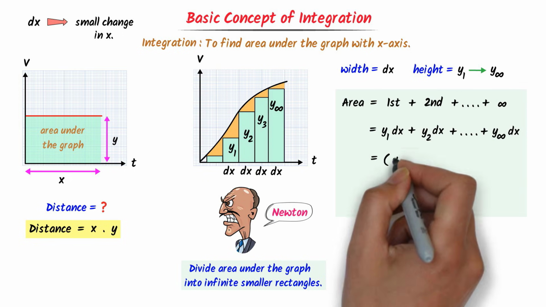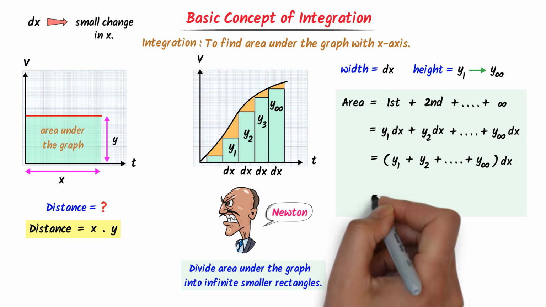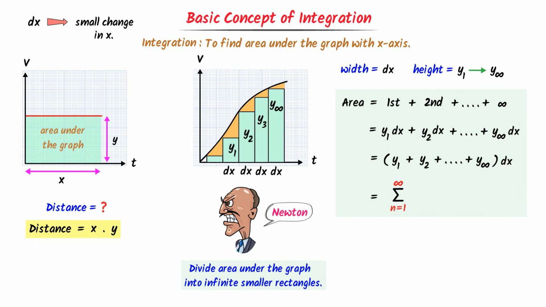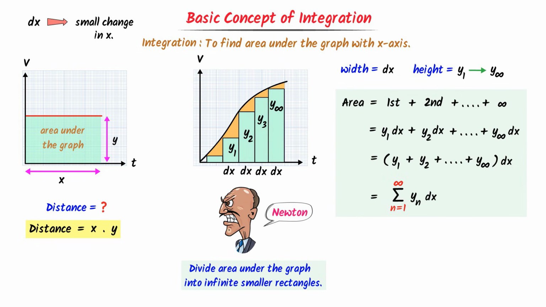I write y1 plus y2 plus y3 plus up to y infinity and I take dx as common. We can see that this y1 plus y2 plus y3 up to y infinity is a pattern. We can write this pattern in sigma notation, which we already learned. I write sigma n starts from 1 and goes up to infinity, yn into dx.